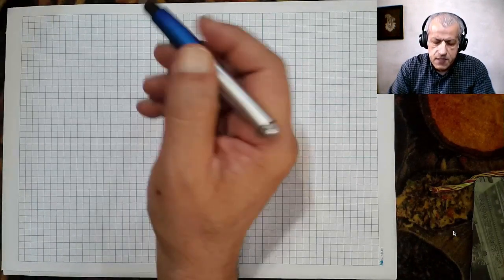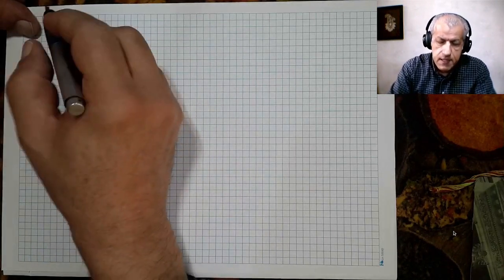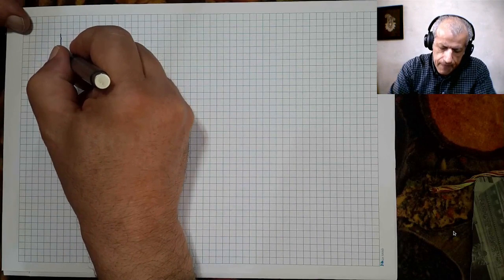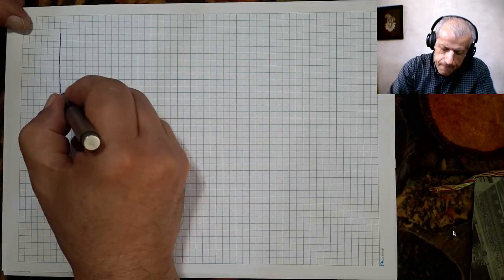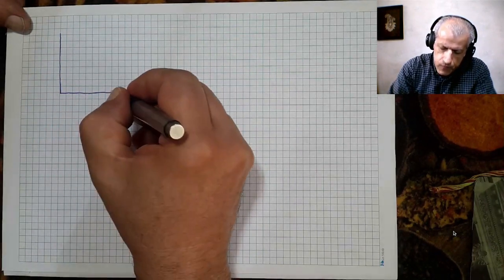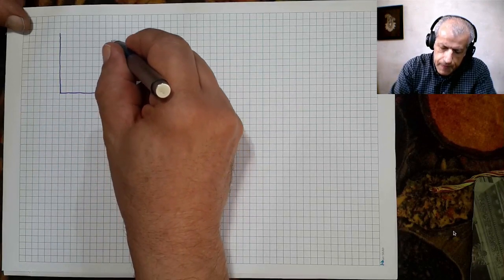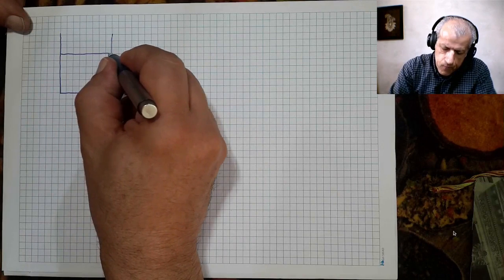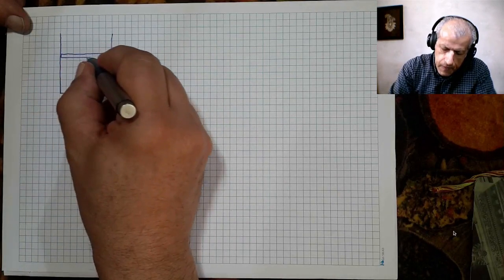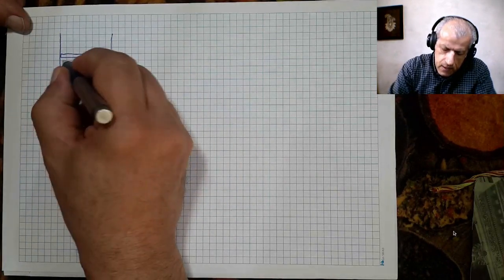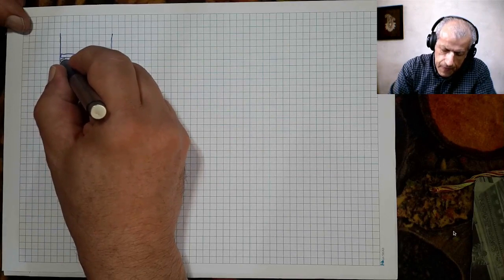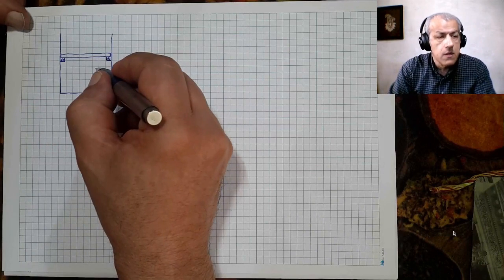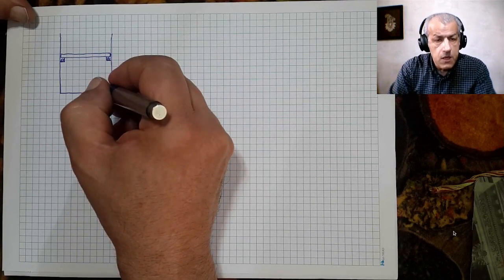The problem is about a cylinder piston arrangement. So we have a cylinder and there is a piston and there are stops where the piston could not move below these stops.